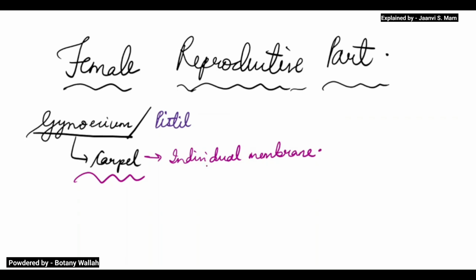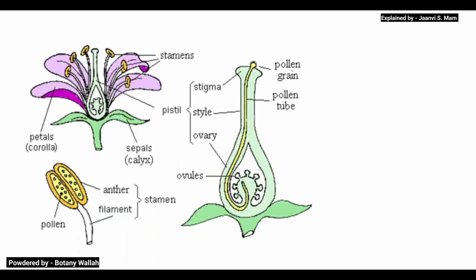So now speaking about the parts of gynoecium. The topmost part which you can see here, which I am coloring with pink, is known as stigma. The part which I am coloring with yellow is known as a style.